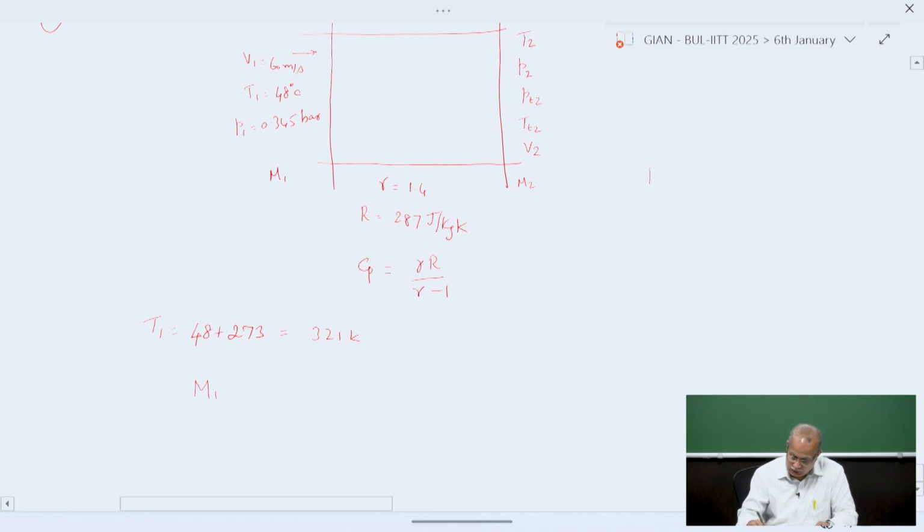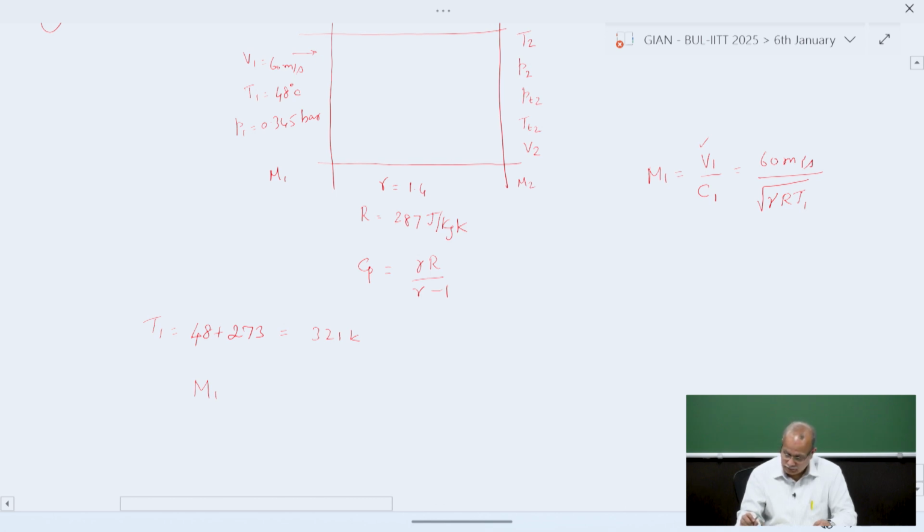So M1 is equal to V1 by C1. V1 is given in the problem as 60 meters per second. C1 is the square root of gamma R T1.